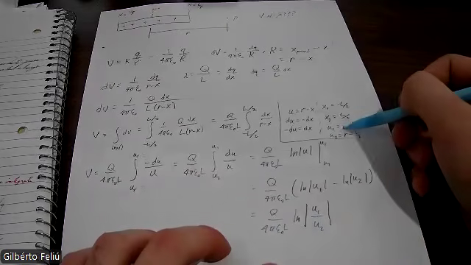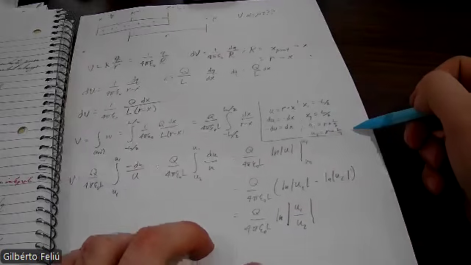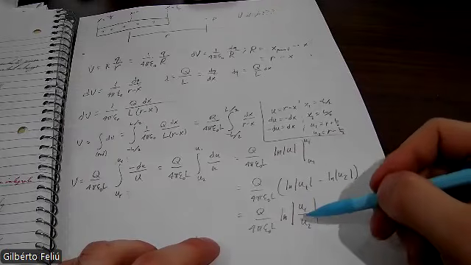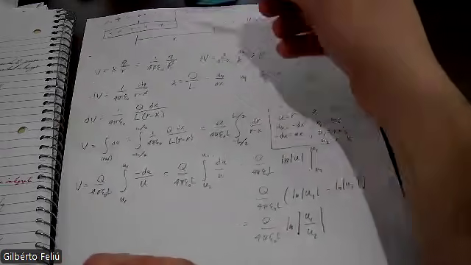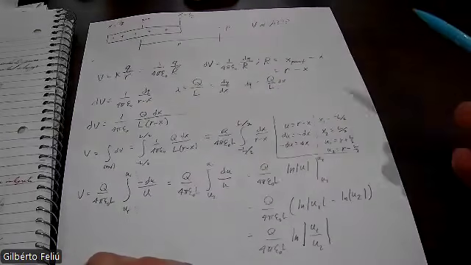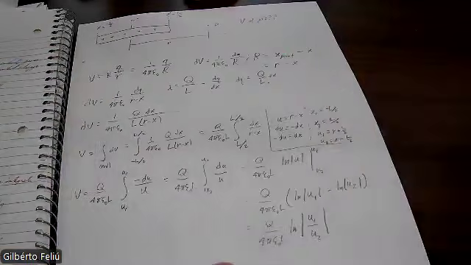Putting everything back into x terms, this is mathematically correct, but we have r and L over 2, negative L over 2. So we want to put it in terms of the values that the problem gave us.